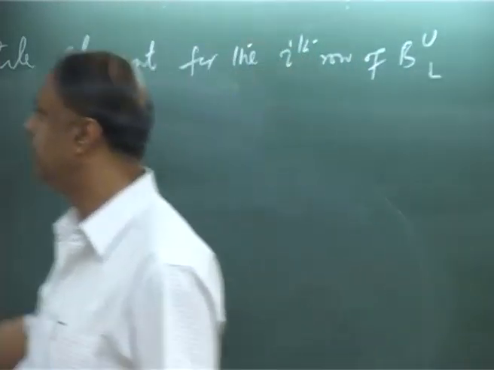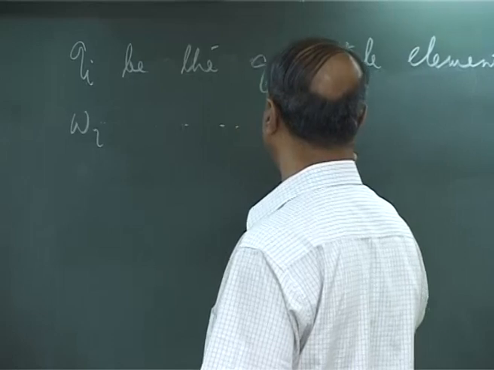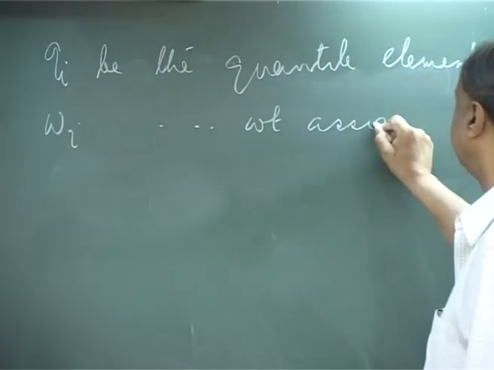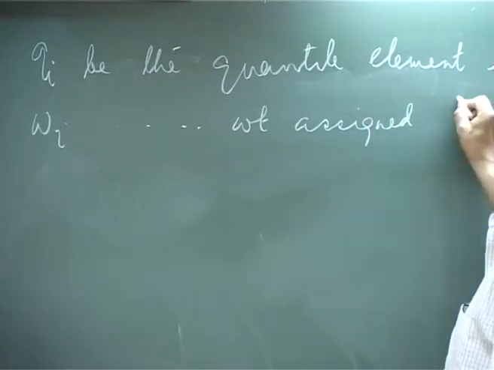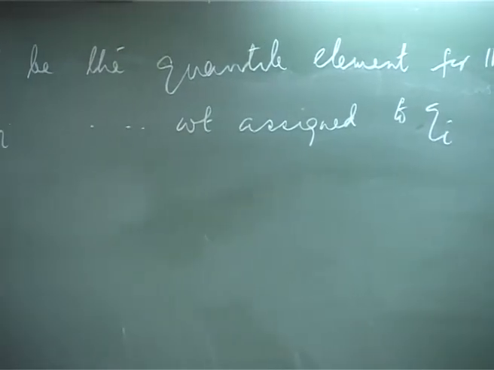Let Wi be the weight assigned to Qi. You remember Wi is nothing but Ui minus Li plus 1.